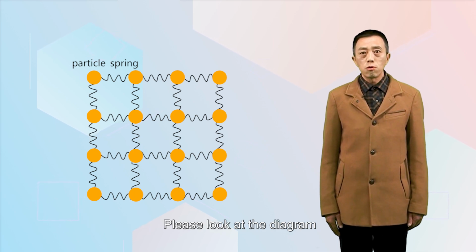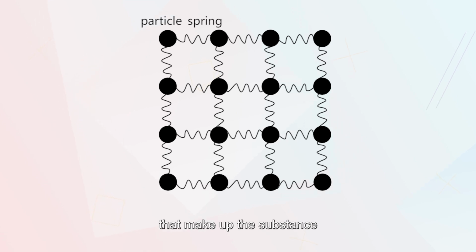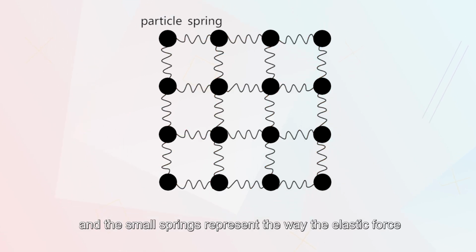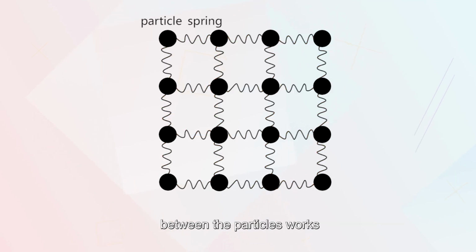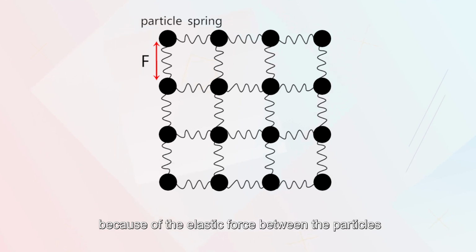Please look at the diagram. Each black dot in the figure represents the particles that make up the substance, and the small spring represents the way the elastic force between the particles works. Each particle is bound in its own relative equilibrium position because of the elastic force between the particles.